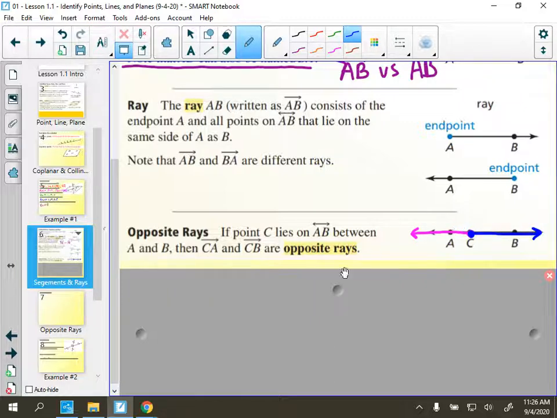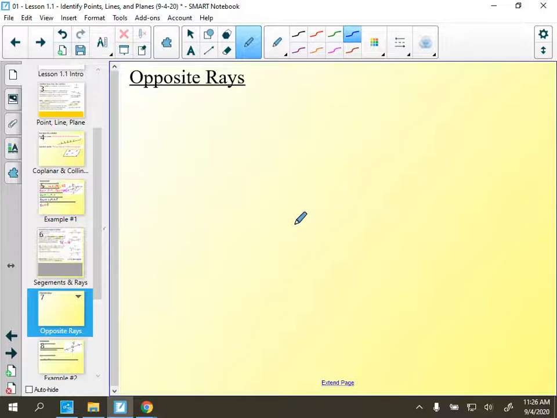So we would say, right as it's said here, ray CA, the pink one, and ray CB are opposite rays. One way to think about it, maybe just differently here, is that it's got to meet these criteria. In no particular order, one, they need to be on the same line.